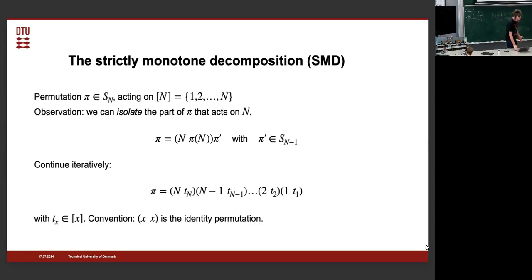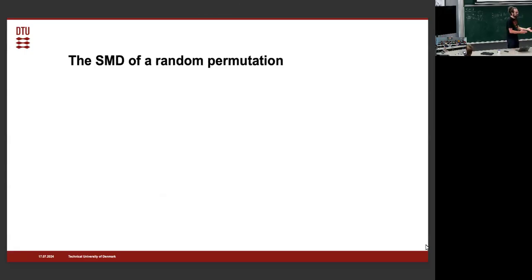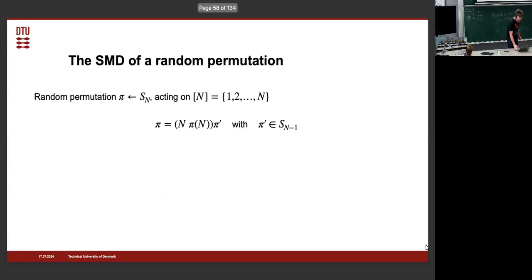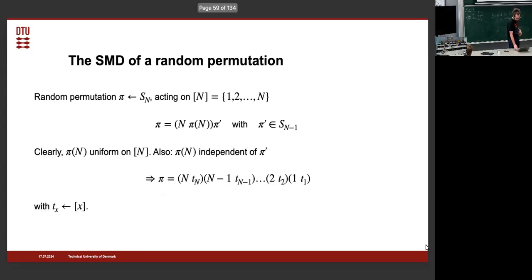Now, that's great, but what happens if we input a random permutation? The nice thing is that the value pi of n is independent of pi prime. That should be also somewhat obvious by this picture here, right?